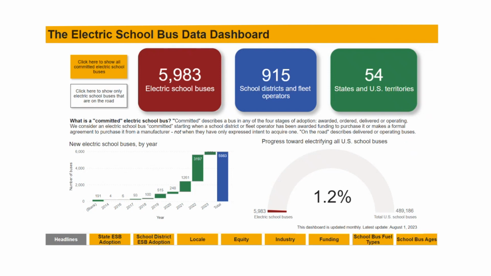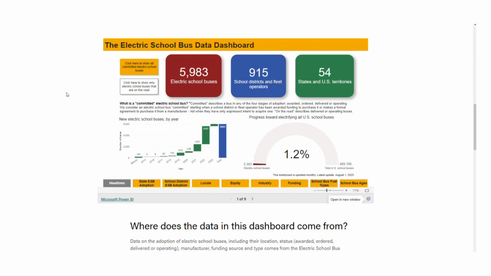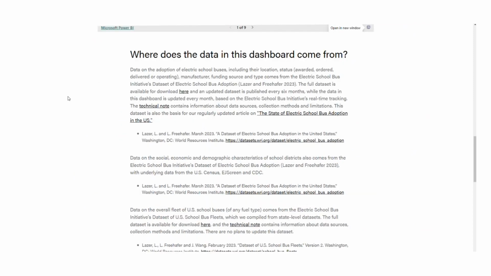When you filter the visualizations, or when we update the dashboard every month, it is drawing on 3 detailed datasets. These datasets are also available for you to download in full. These are the dataset of electric school bus adoption, with underlying socioeconomic data from the U.S. Census, EJ Screen, and CDC.